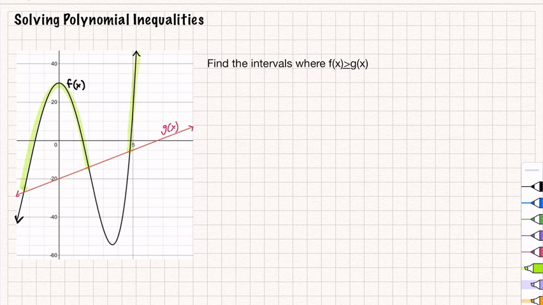Well, we have to look at the x values for when f at x is greater than g at x. So if we look at the x values, so starting here, the x value for this one is negative 2.5. So from negative 2.5 until what point, what x value is f at x greater than or equal to our function g at x?